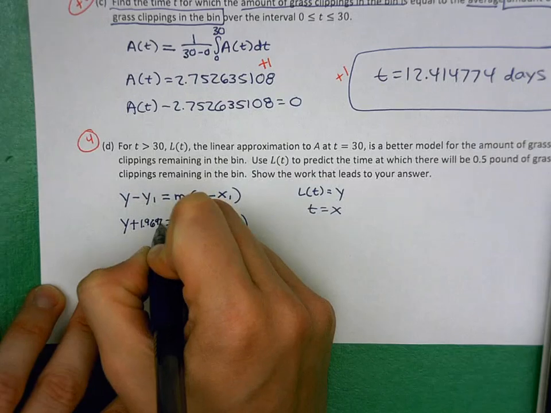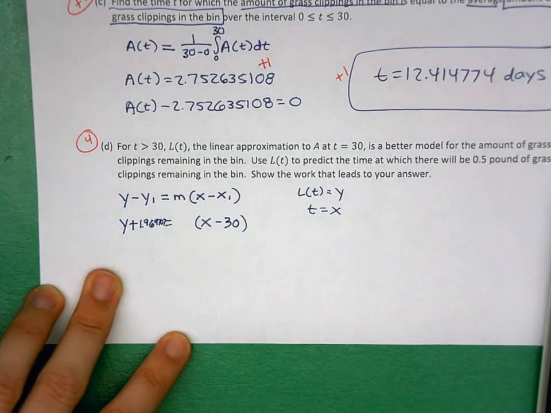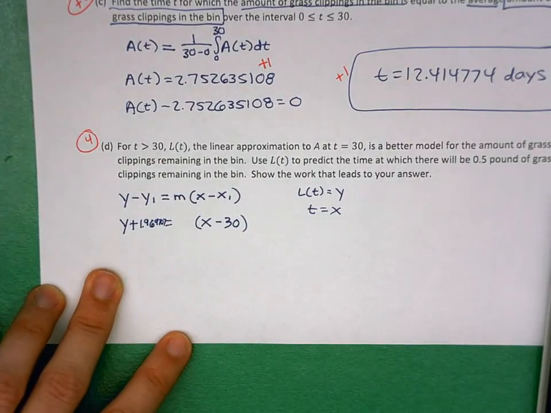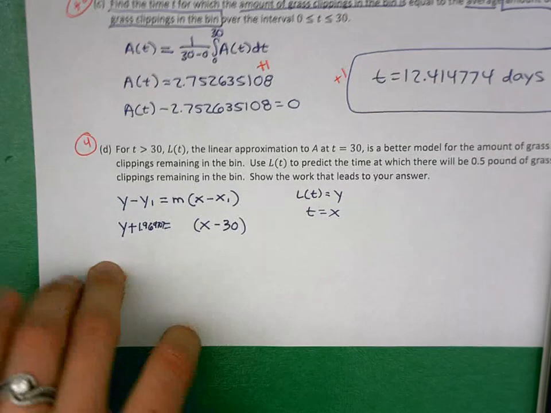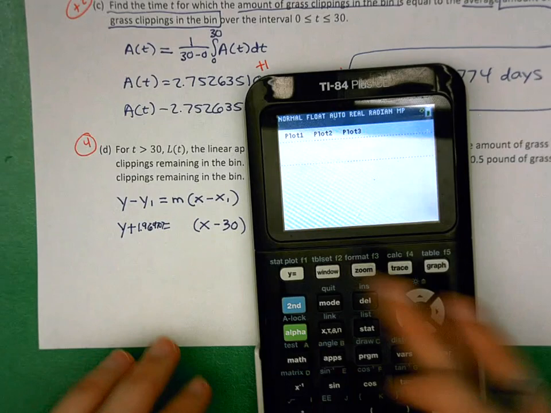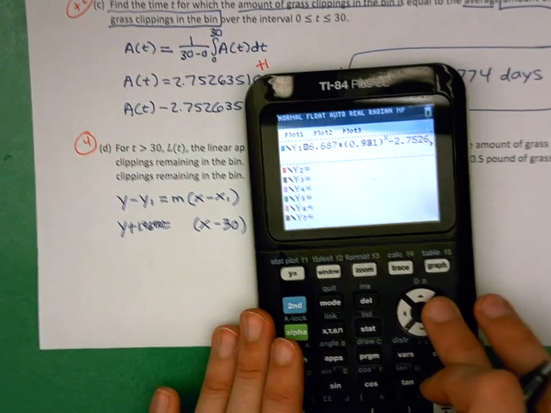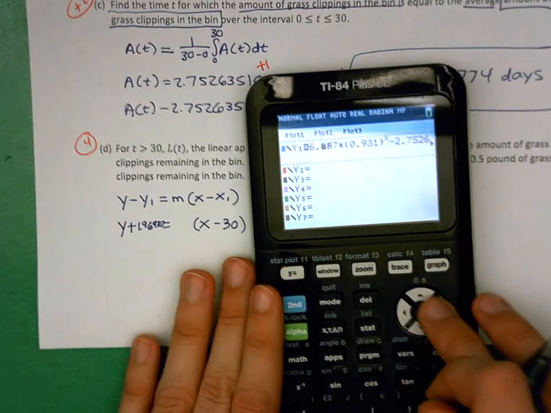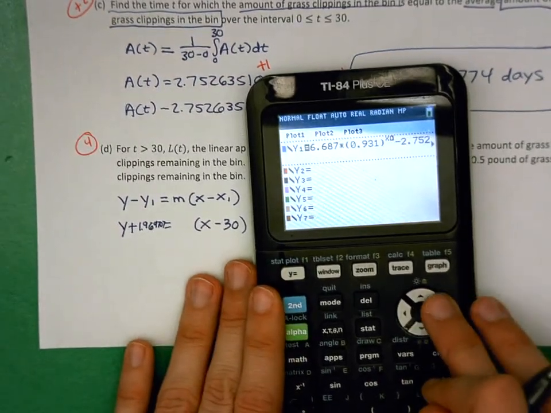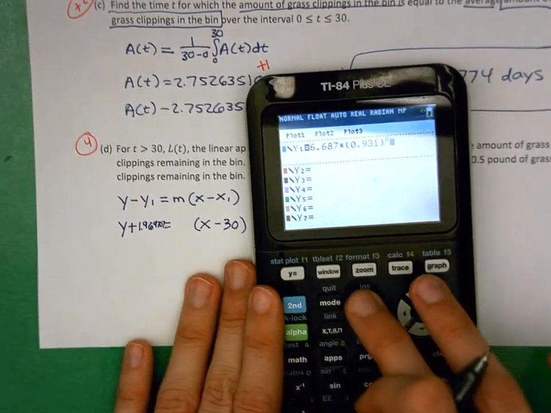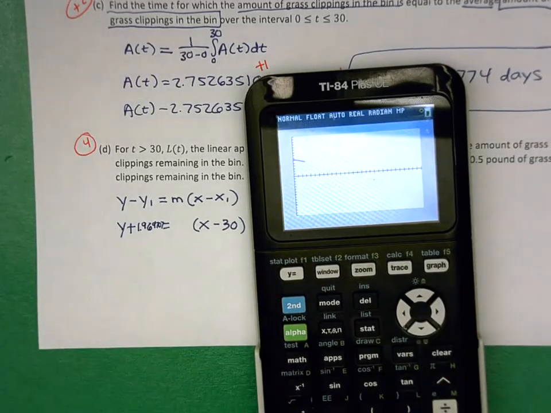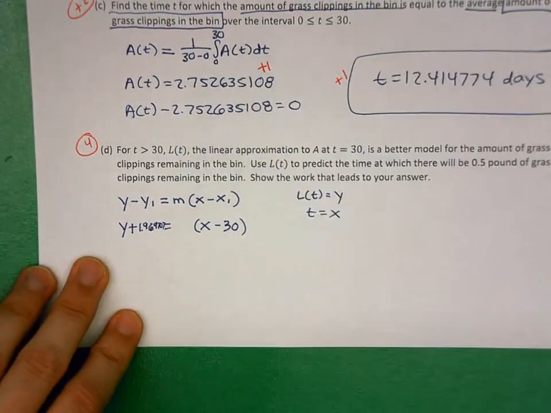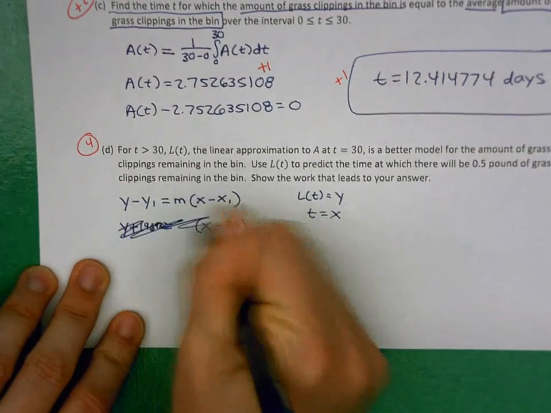Oops, sorry, I had to write a little small there. Oops, nope. That is not the right equation. I'm sorry. I'm using the equation with the minus 2.752. Actually, let me just rewrite this equation. I'll give a little bit more room for my y1.